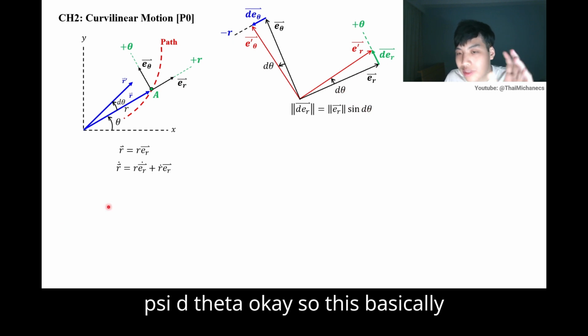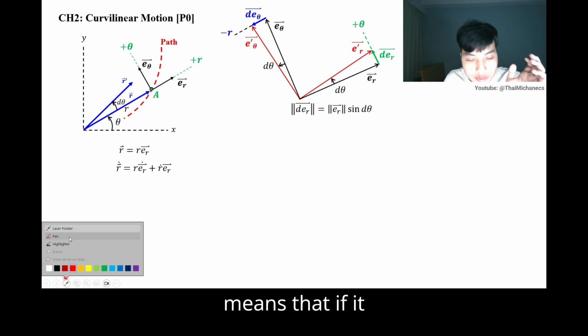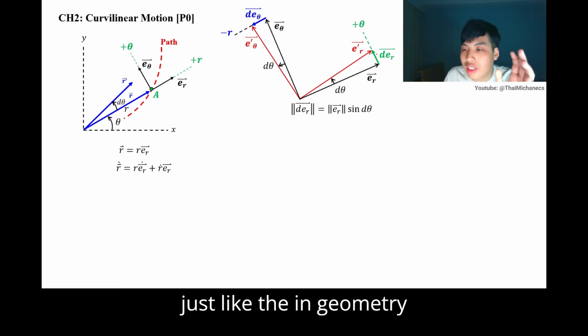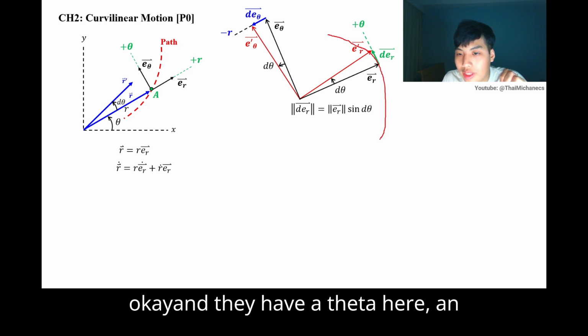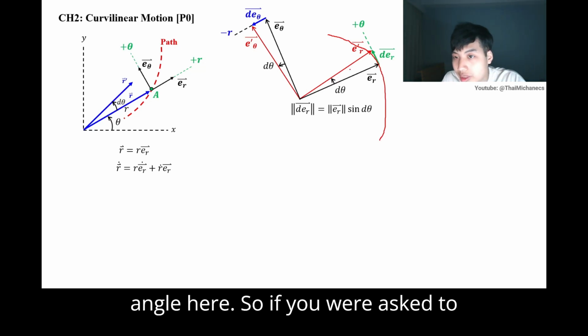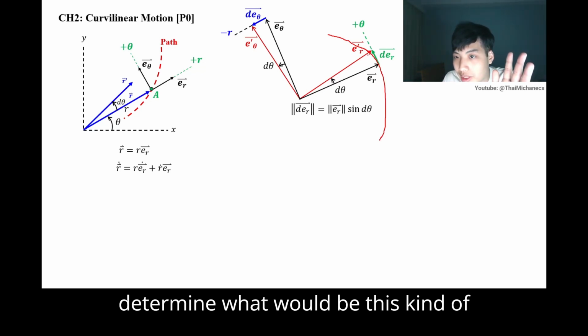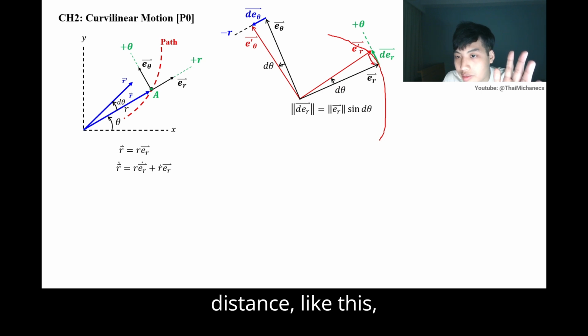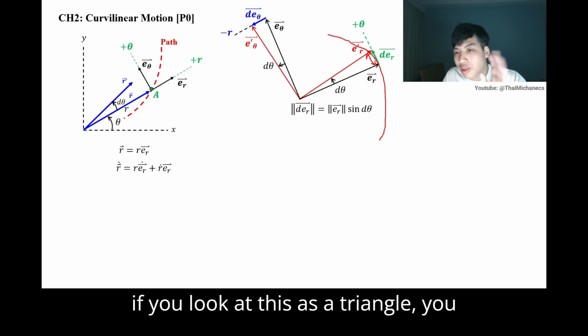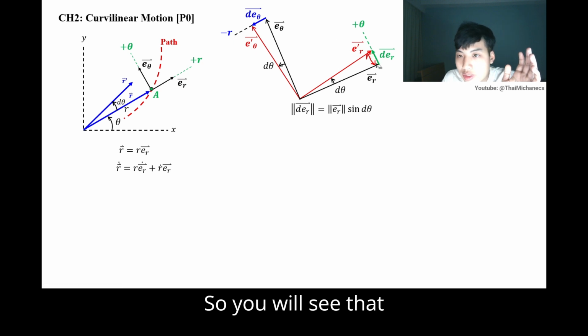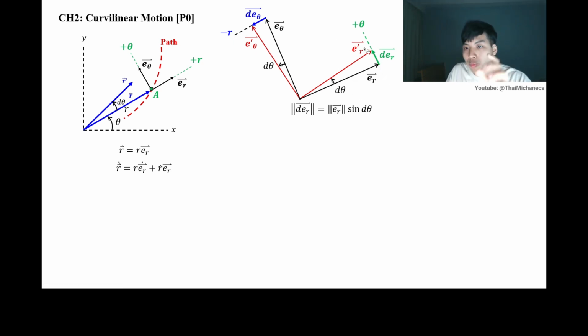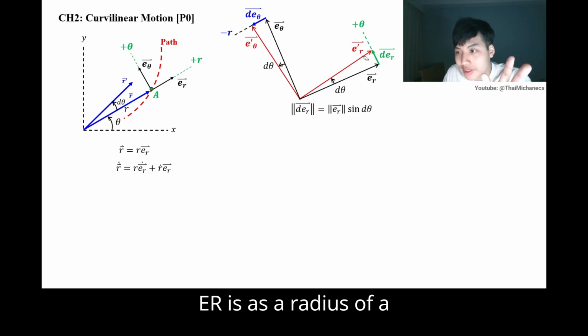So this basically means that, just like in geometry, if we have a circular arc like this, with an angle theta here, and you were asked to determine this distance, if you look at it as a triangle, you will see that er is the radius of a circle.